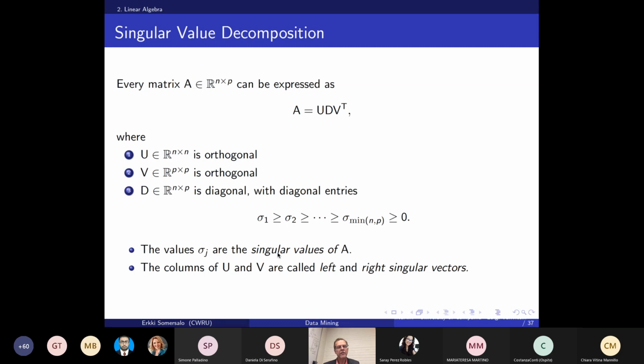So the sigma j's are called the singular values of A. And then you have the matrices U and V. The columns of U and V are referred to as left and right singular vectors of A. What we are calling these vectors is not that important, but the important thing is that every matrix A can be decomposed in this way, U, D, V transpose. And that's called the singular value decomposition of A.